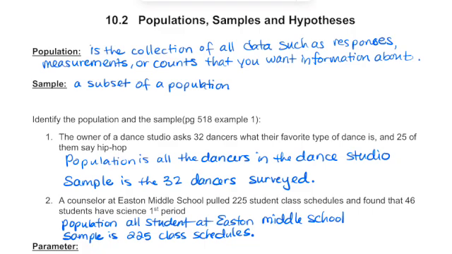A parameter and a statistic is a way of measuring the data. So a parameter is a numerical description of a population characteristic.